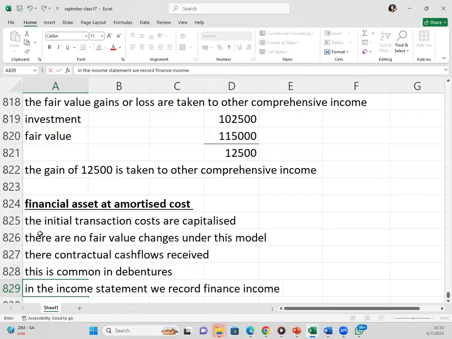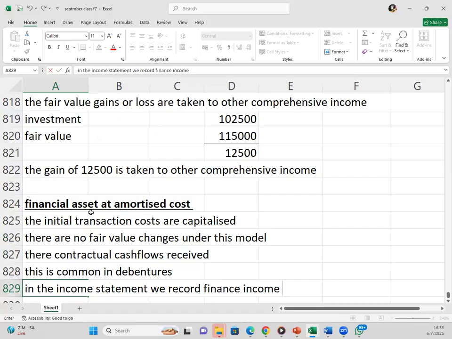So we don't have fair value gain or loss because this model does not recognize that the instrument gains or loses value. So if I give you a loan of 50,000, to me it's an asset because you're going to be giving me back the money. But the money you're going to be giving back is fixed installments.